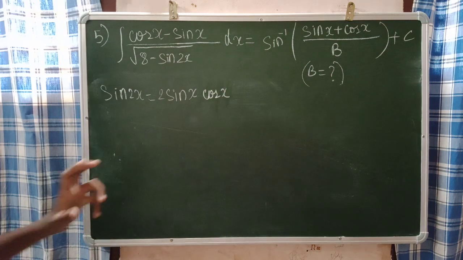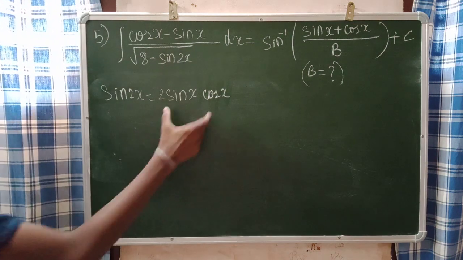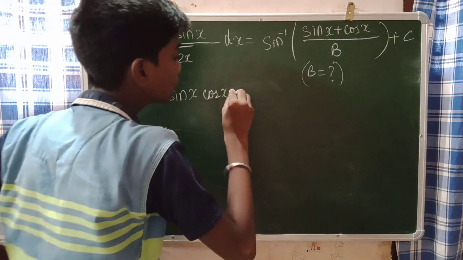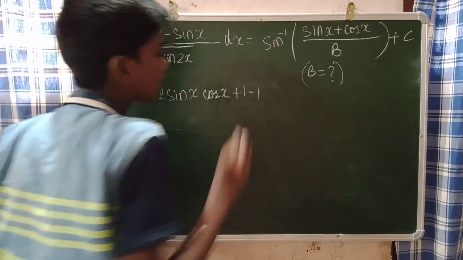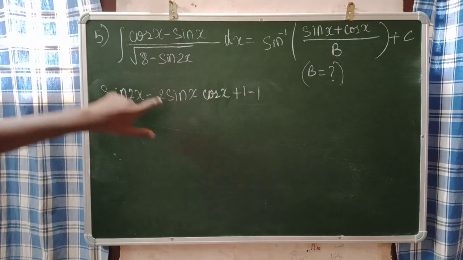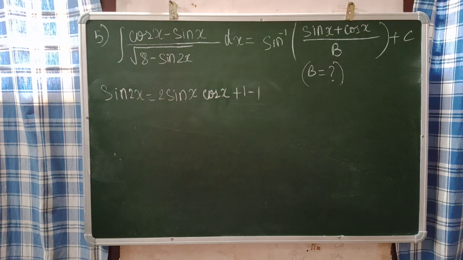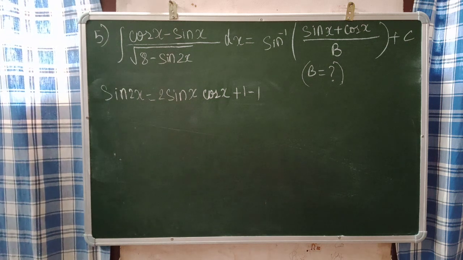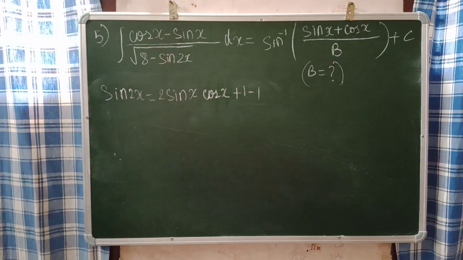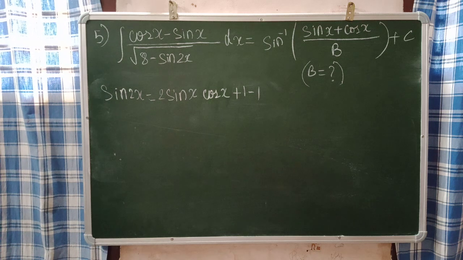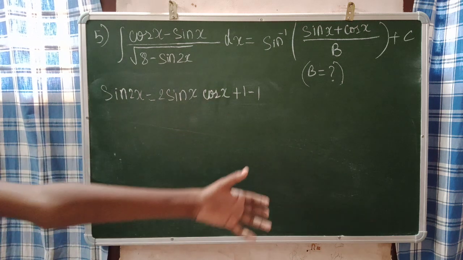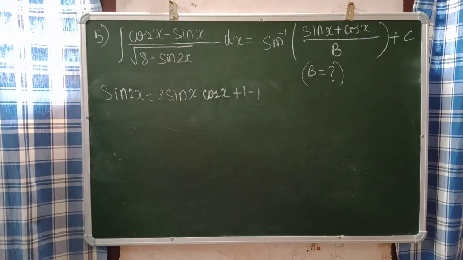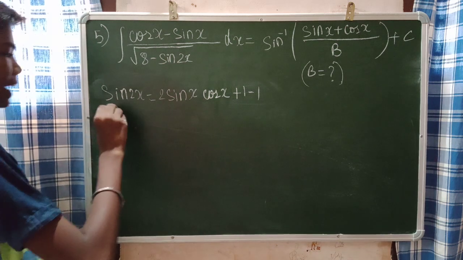Now, in this particular term, I'm going to add 1 and subtract 1. Why did I do that? Anyway, no change is going to happen because plus 1 minus 1 makes no change. But why did I do that?